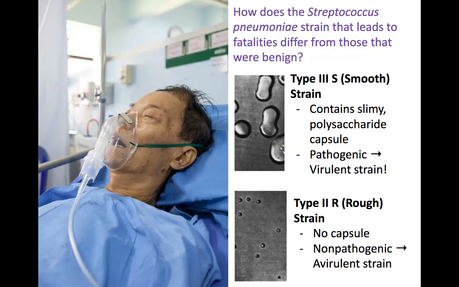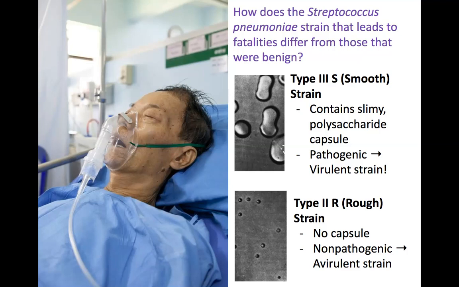So let's take a look at this. This is an image of a patient who is suffering from a respiratory disease. This particular individual is suffering from Streptococcus pneumoniae. It is pneumonia that's caused by a type of bacteria that can come in two different forms, a smooth strain or a rough strain.